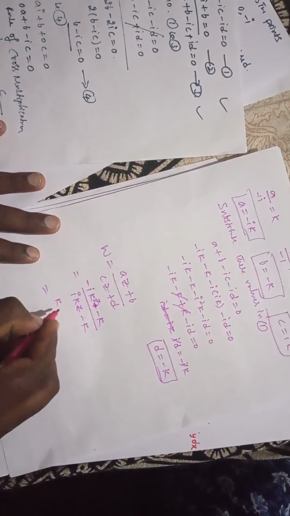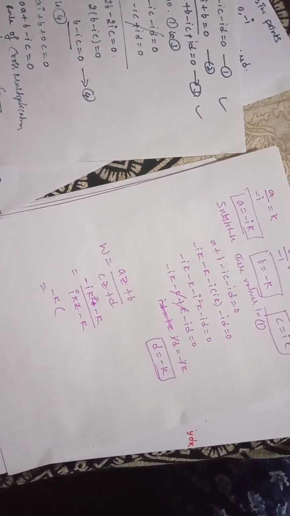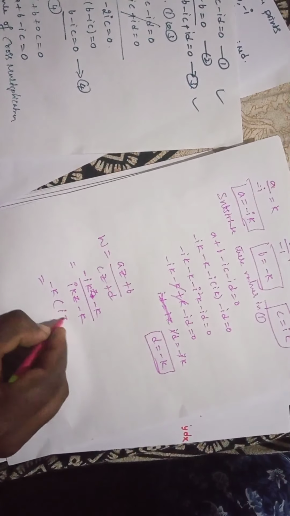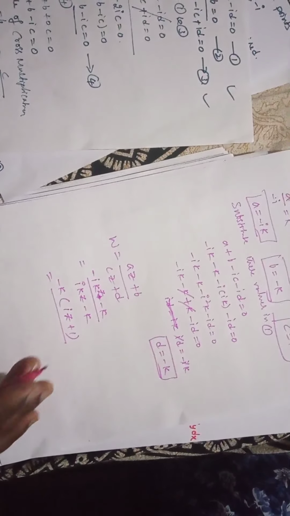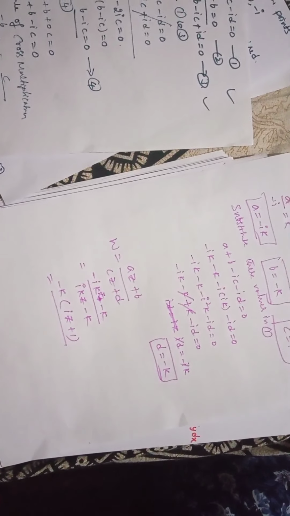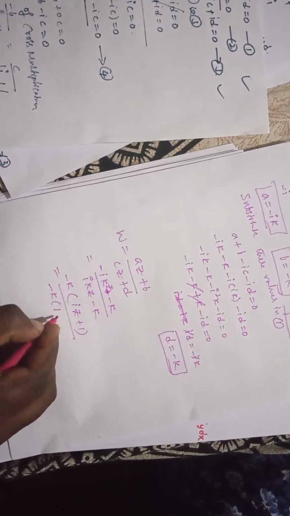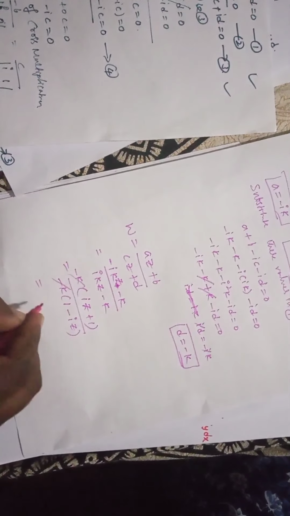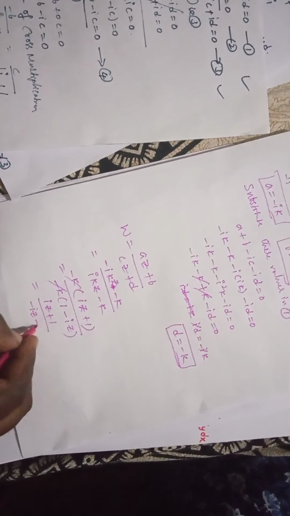Write minus k outside from the numerator, or we can write k outside and minus k. So the remaining is iz plus 1, divided by, here also write minus k outside, 1 minus iz. Minus k gets cancelled, so iz plus 1 by minus iz plus 1 is the required bilinear transformation.